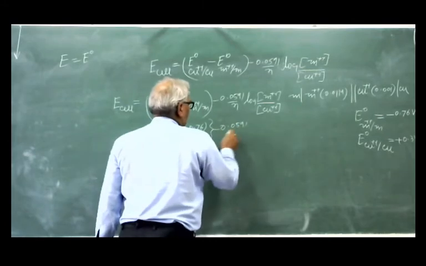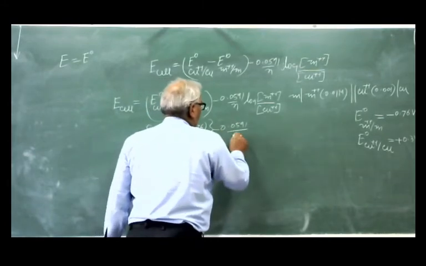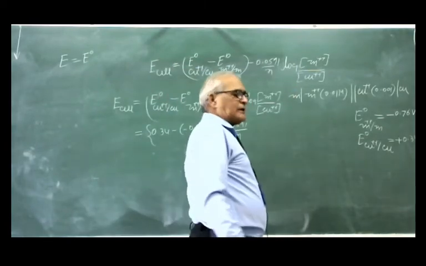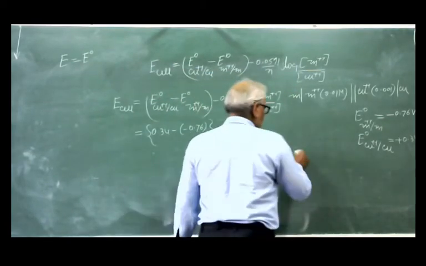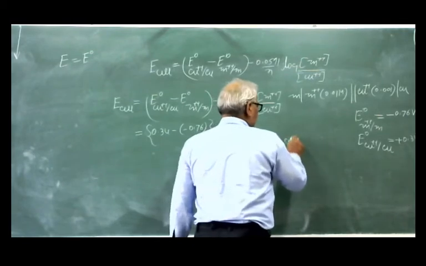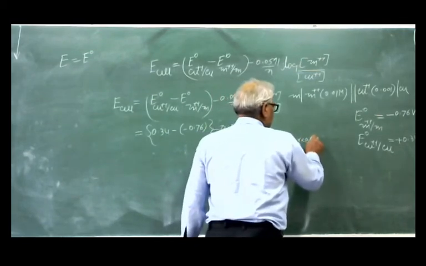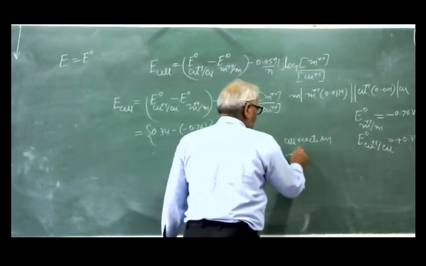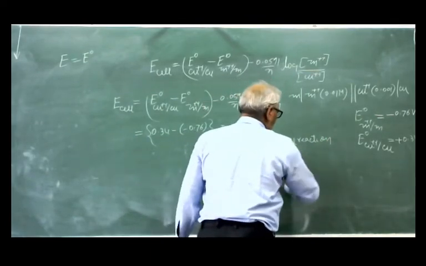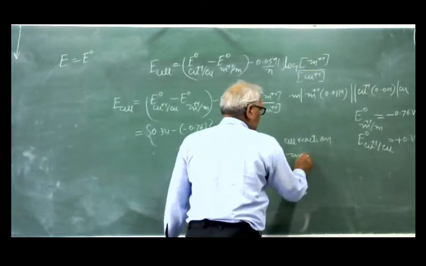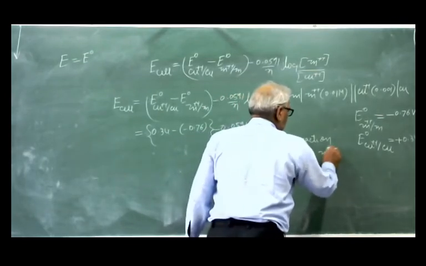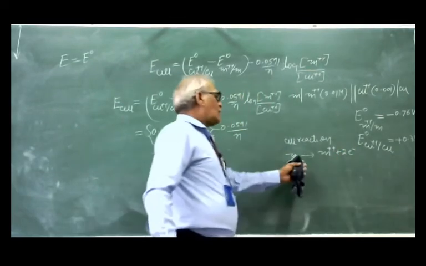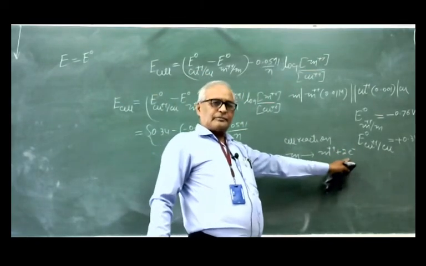0.0591 upon n. Just see, in this cell reaction, what type of reaction takes place? What is the cell reaction? Zinc changes into zinc ion plus 2 electrons. 2 electrons are liberated.